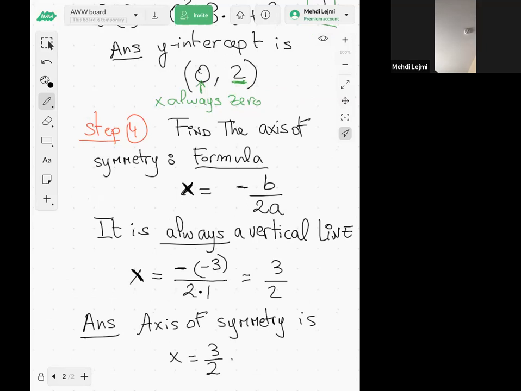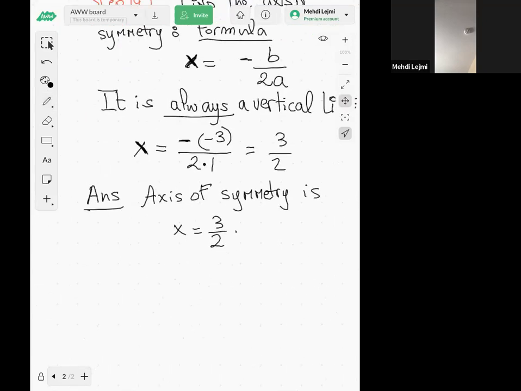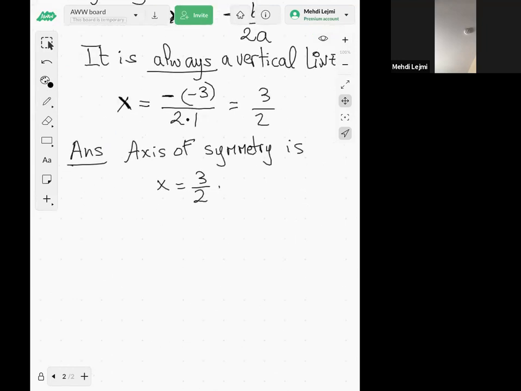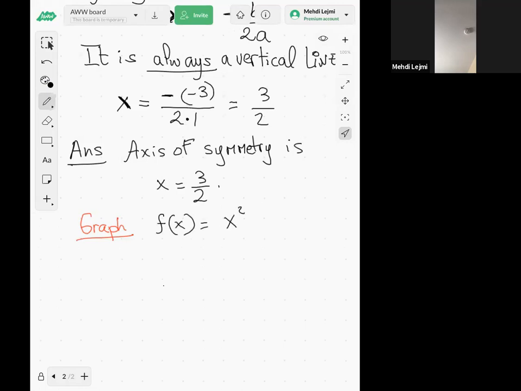So yeah, those are the steps. Now I can graph my parabola, my function f. Okay, so now we can graph f of x. So we said f of x is x squared minus 3x plus 2, right?